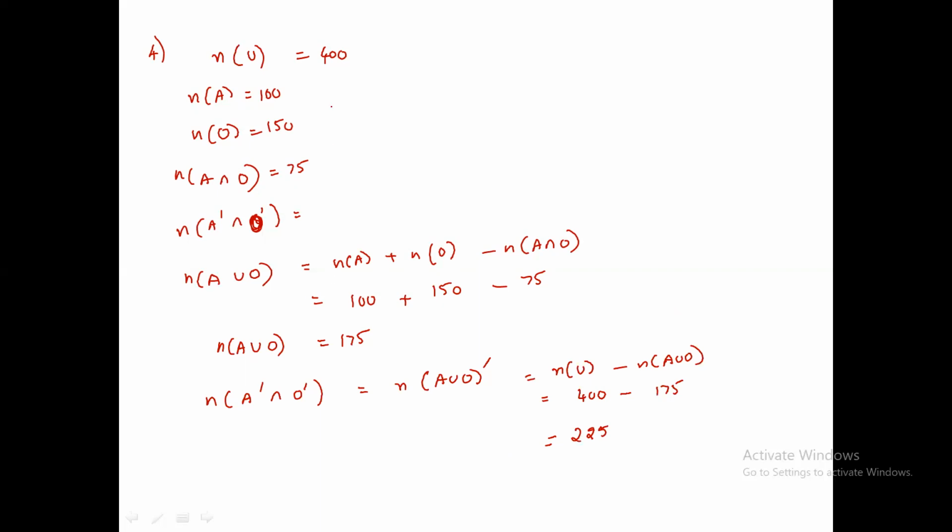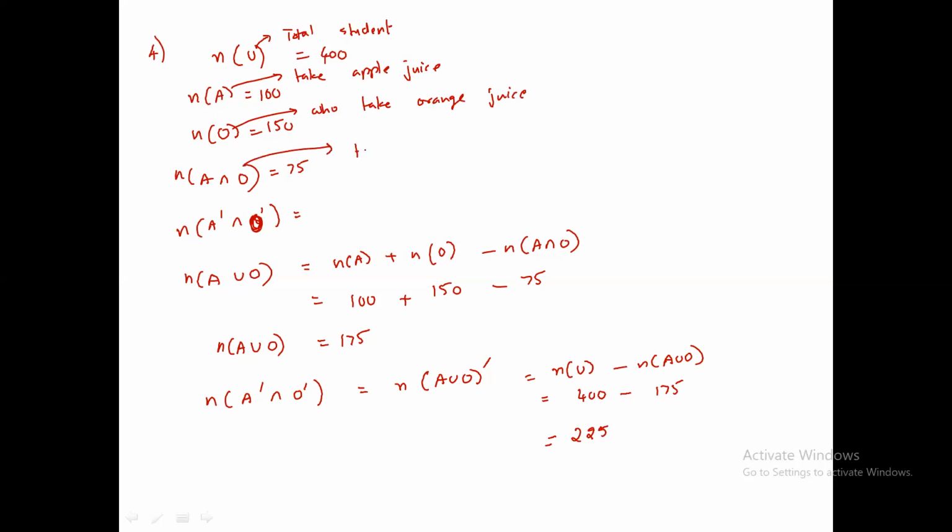So if you want, I can write U means total students. A means who take apple juice. O means who take orange juice.